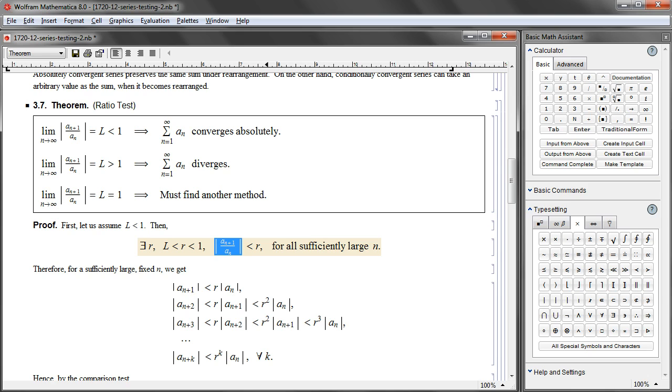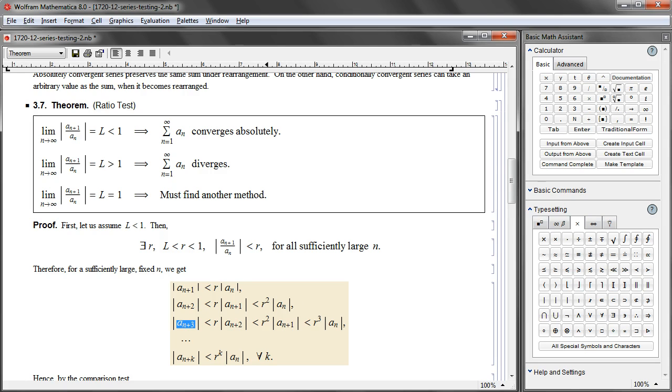Now, let's take n very, very large and then consider some estimation. Move this a_n to the other side, and then a_{n+1} is less than R times a_n. And then a_{n+2}, consequently, by the same logic, is less than R times a_{n+1}. And do the same thing again, then we have R squared times a_n. Let's do it once more.